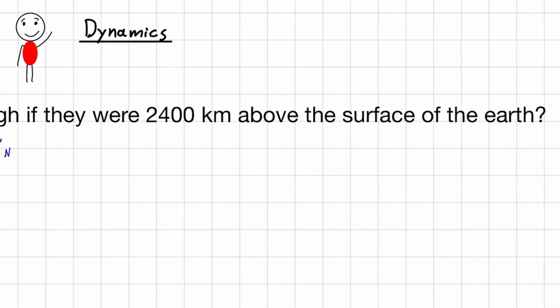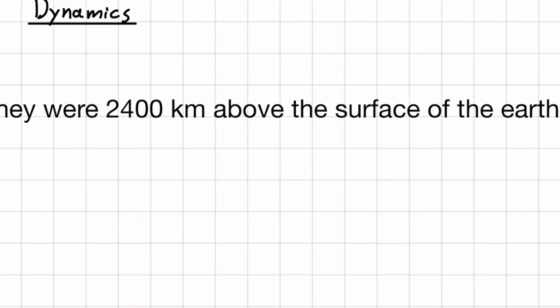Another thing, when we're dealing with problems like this, we don't want to be working in kilometers. The SI units are meters, so we want to convert this to meters. The conversion for kilometers to meters is times 10 to the 3. I want to go one step further and bring the decimal 1, 2, 3 spots backwards. So it's going to be 2.4 times 10 to the 6.